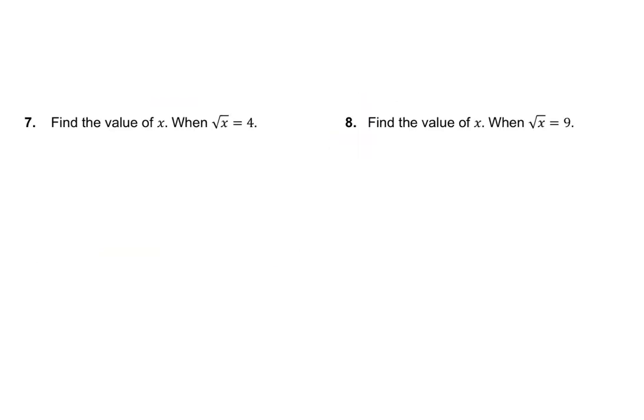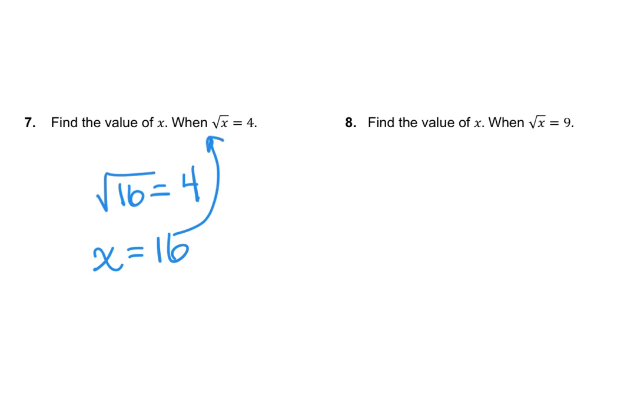All right, so for number 7, it says find the value of x when the square root of x is equal to 4. So what we need to think about is, what is underneath that radical sign? Well, 4 times 4 is 16, and the square root of 16 is equal to 4. And so x is equal to 16, because that's what we would be putting under the radical sign.